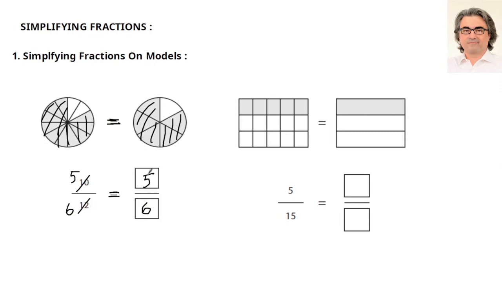Can you divide 5 and 6 by another number other than 1? No. So 5 over 6 is the simplest form of 10 over 12. This is another terminology on fractions: simplification. 5 over 6 is the simplest form of 10 over 12.